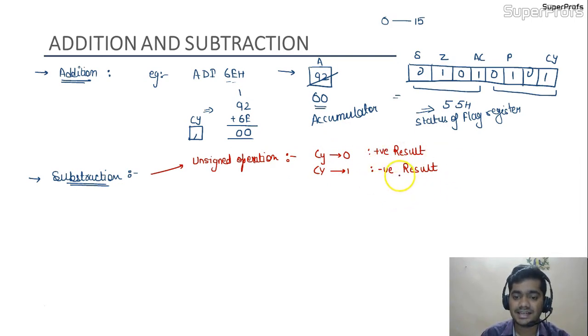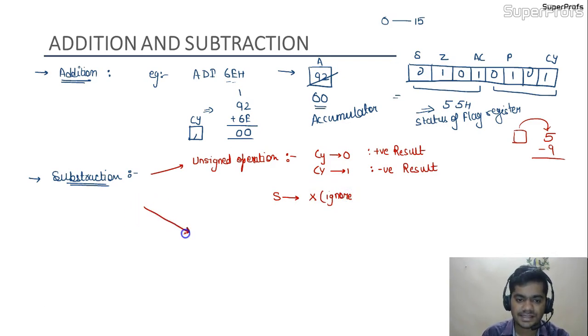So if the result is negative, it means we are doing the subtraction like this, then there is a need of borrow that should be taken from outside. That's why the carry flag is set here. And for sign flag we have to ignore it.